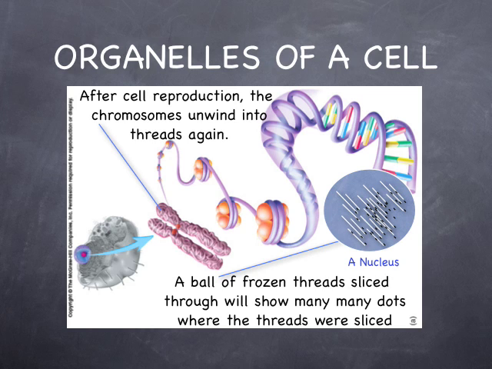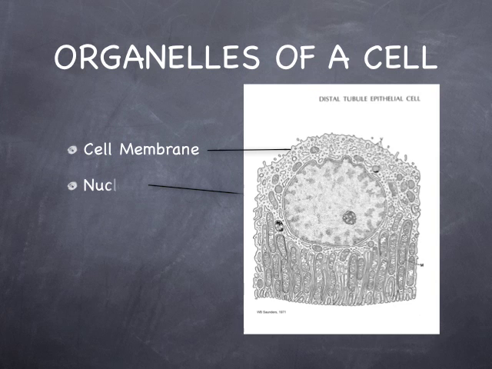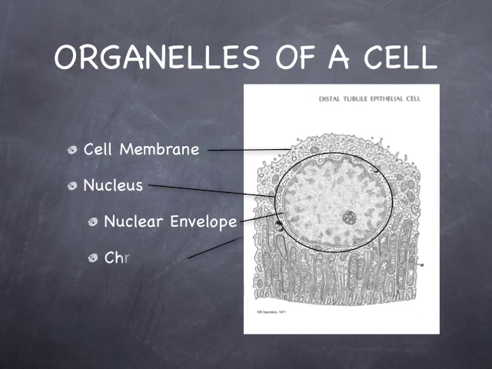And it would look very grainy, wouldn't it? So that's really what you're seeing when you're looking at a cell like this and you see all this graininess here. All that graininess is just all the little bits of DNA threads that have been cut through. So chromatin is basically just all these threads of DNA that are part of your genetic material.